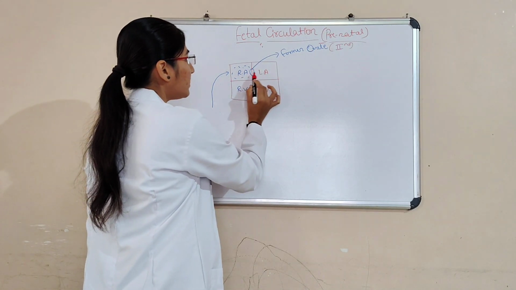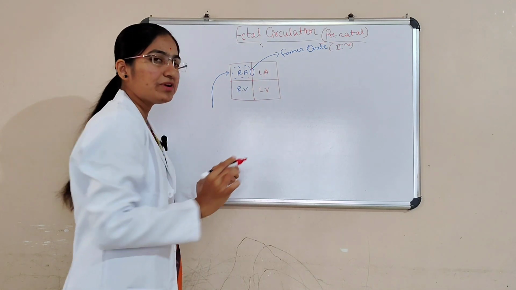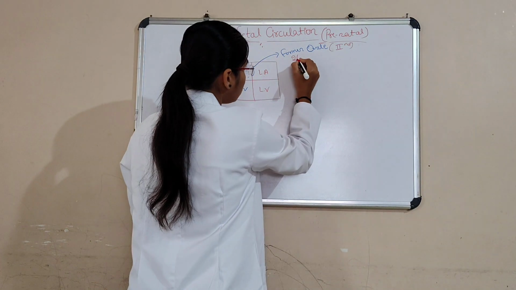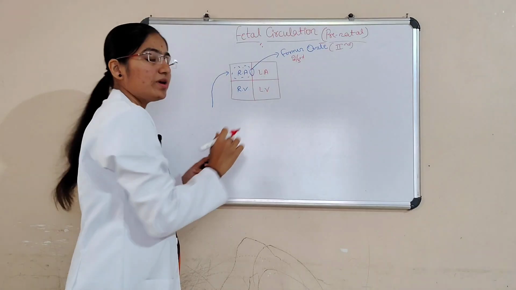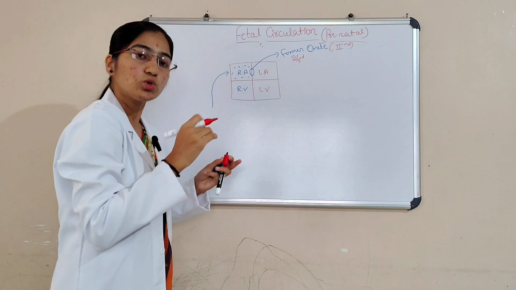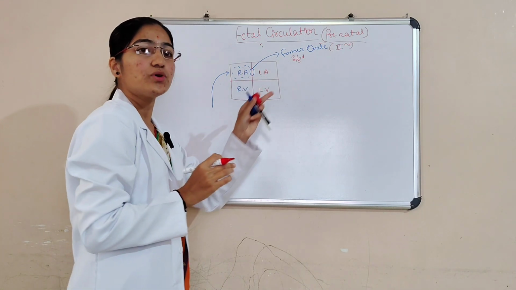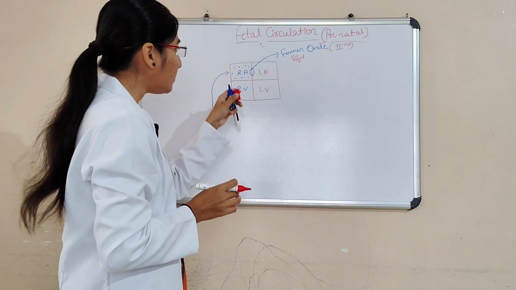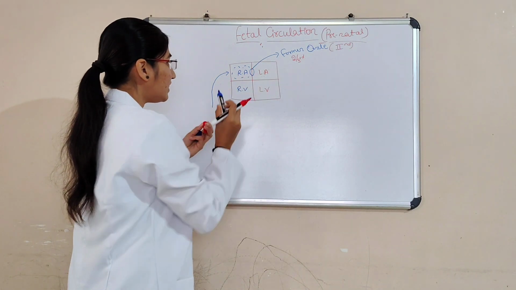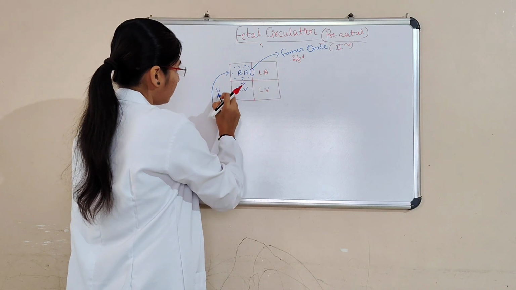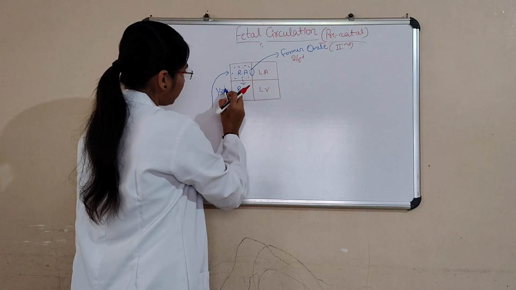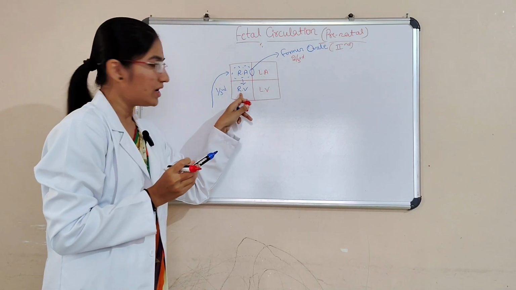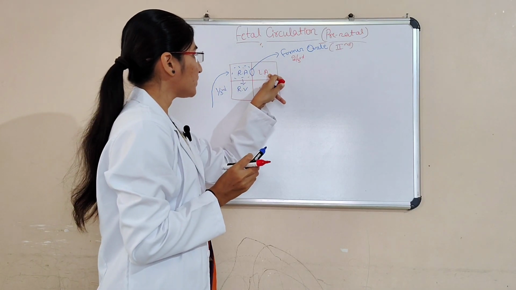From the right atrium to the left atrium through the foramen ovale, there will be a transfer of 2/3 of blood, and the remaining 1/3 comes to the right ventricle.